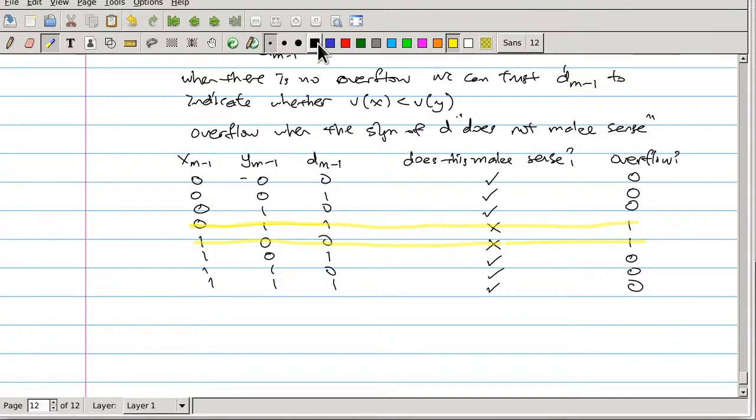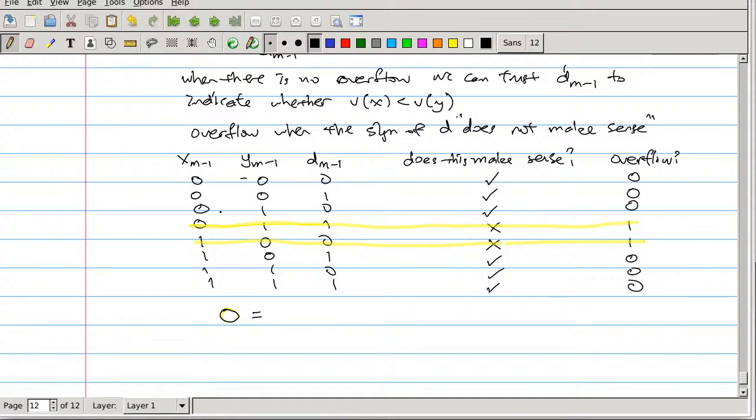So now the question is, if I were to define overflow as a bit, which is uppercase O, how would I define it?